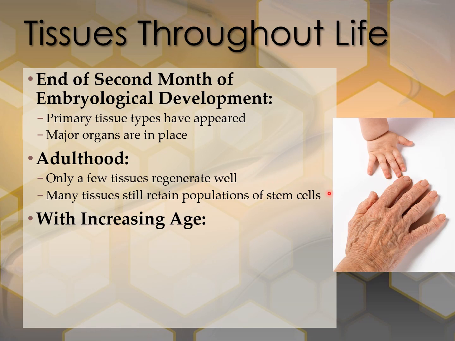And then adulthood. Our tissues, we just talked about, some regenerate really well and some don't. So we have to take care of some of those tissue types that don't regenerate well. But some tissues do maintain a population of stem cells.